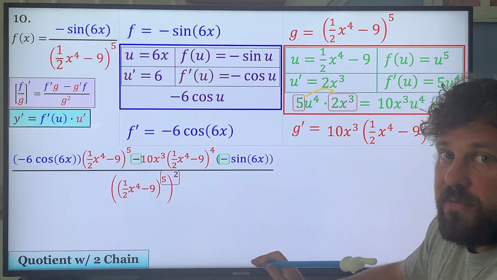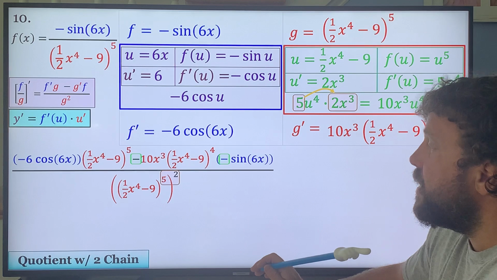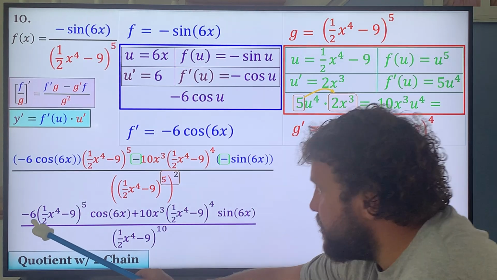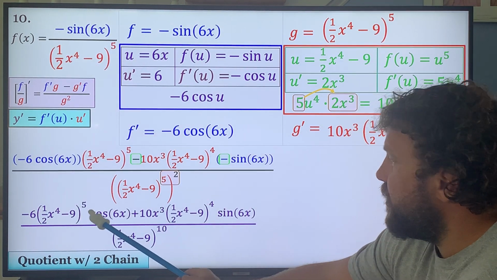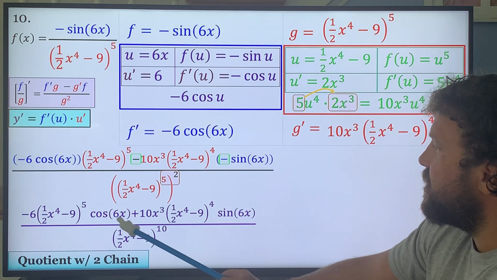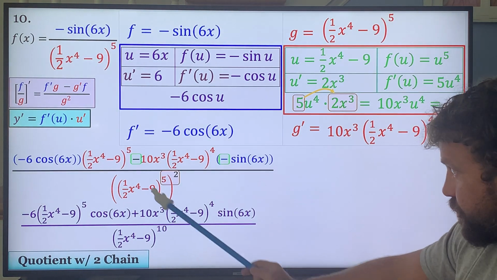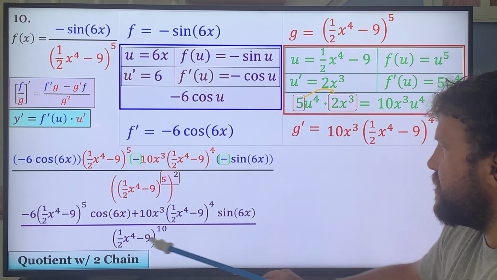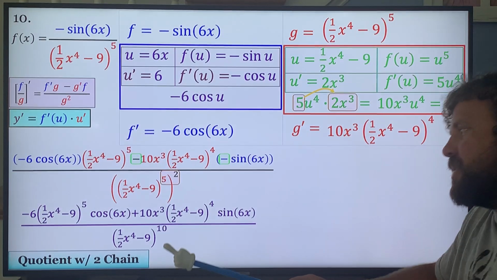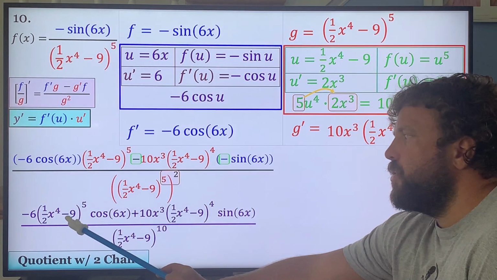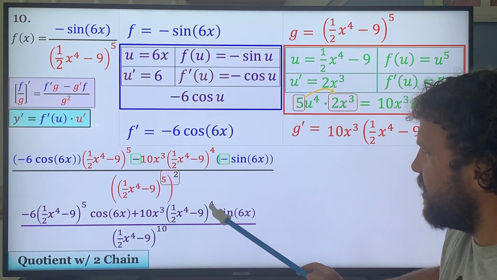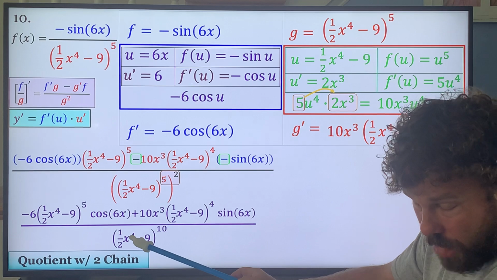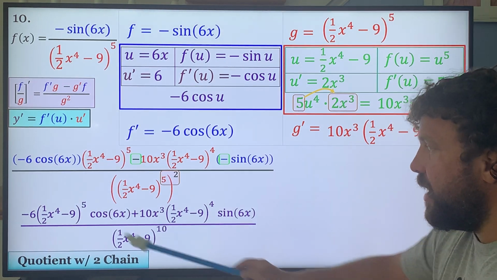The fifth power squared is a 10th power. So you get negative 6, 1/2 x to the fourth minus 9 to the fifth. I just move the cosine over here. Cosine 6x plus 10x cubed, 1/2 x to the fourth minus 9 to the fourth, sine 6x, all over this to the 10th. Now, why do we simplify this out? Well, look what I have: 1/2 x to the fourth minus 9 to the fifth, to the fourth, and to the 10th. 10, 5, 4.